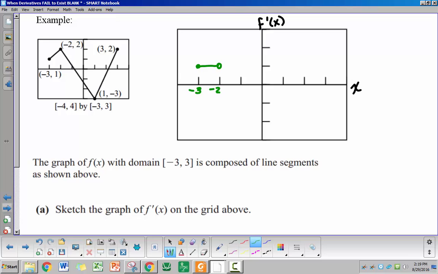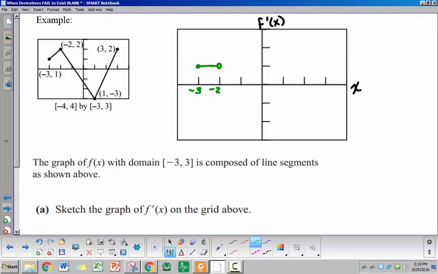What about from -2 to 1? Well, we're going down and then over, -5/3, which is roughly -1.6, that's right.